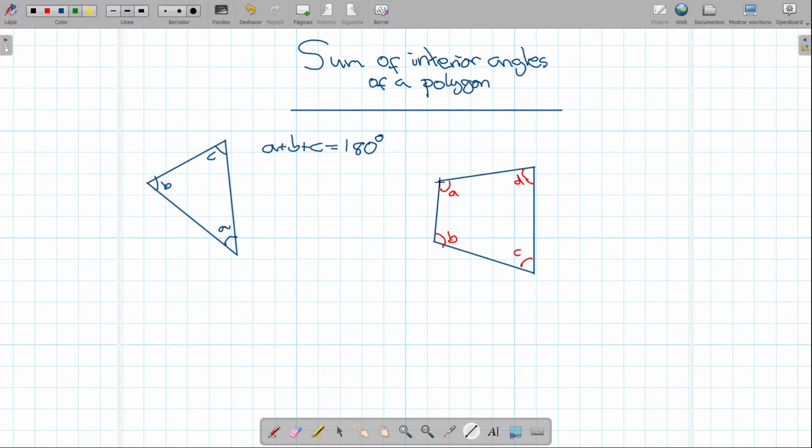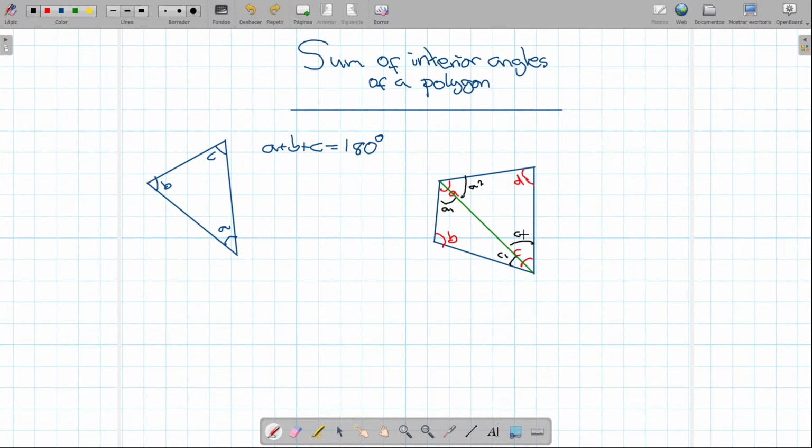So we can draw a diagonal here, and we see that we can create two non-overlapping triangles, 1 and 2. Okay, so this new triangle has other interior angles, which would be A1, A2, B, C1, and C2.